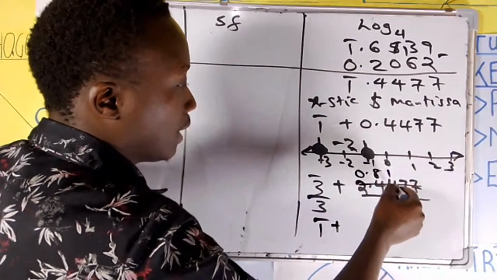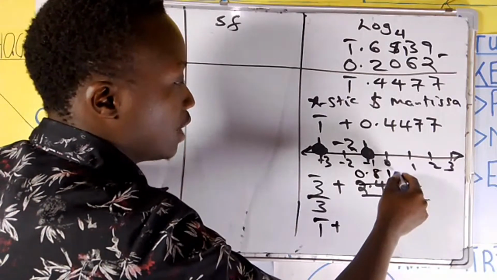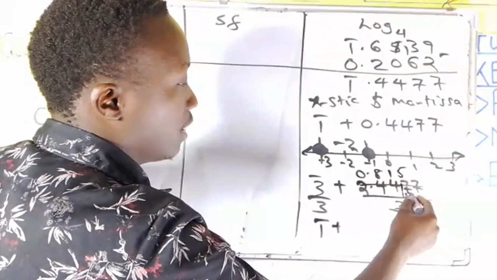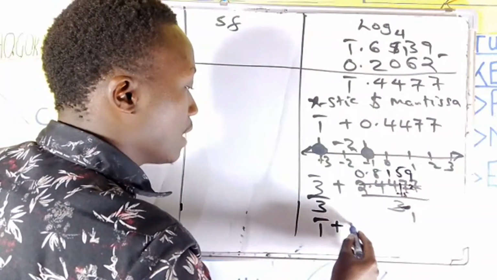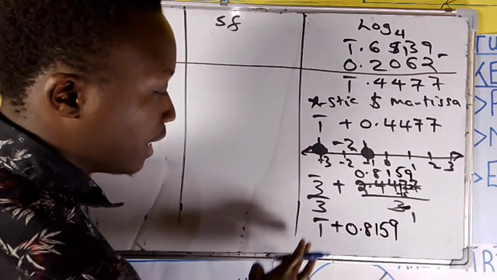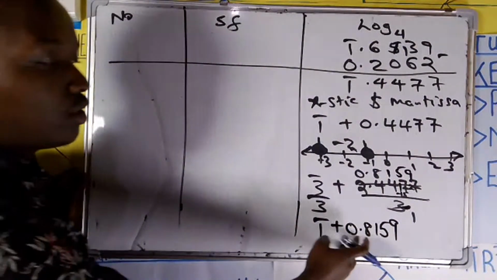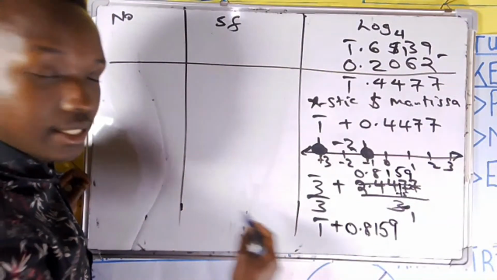Then this will go 1 time because of 3. Then 1, 17, it will go 5 because of 15. Then we are left with 2, it will go 9. So it will be bar 1 plus 0.8159. So if we take bar 1 plus 0.8159, it is going to give us bar 1.8159.